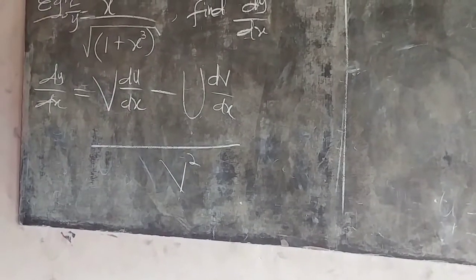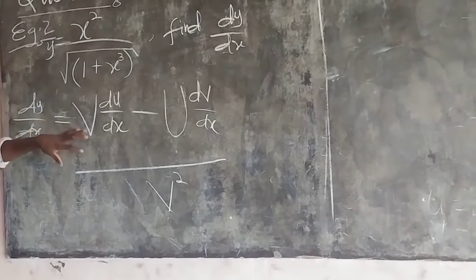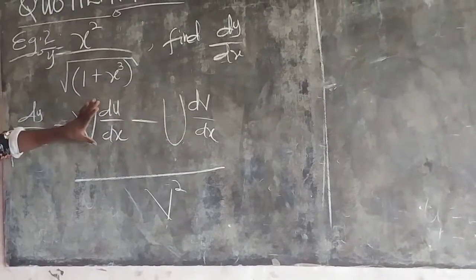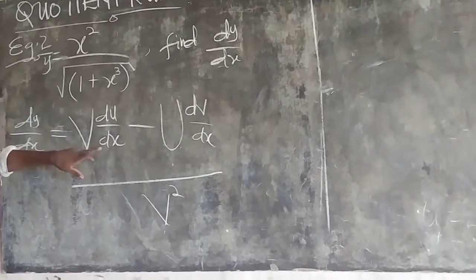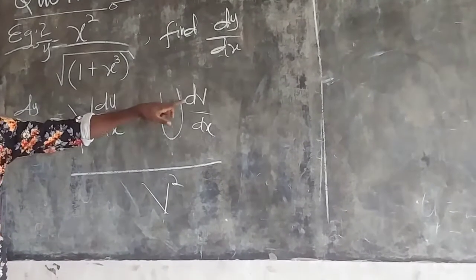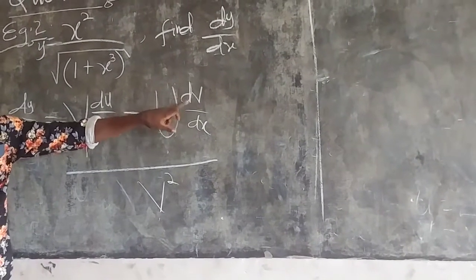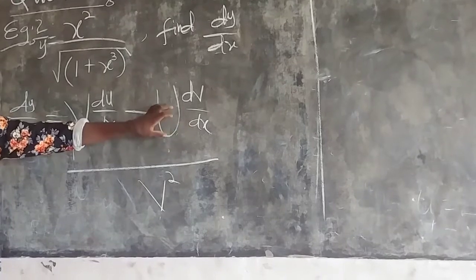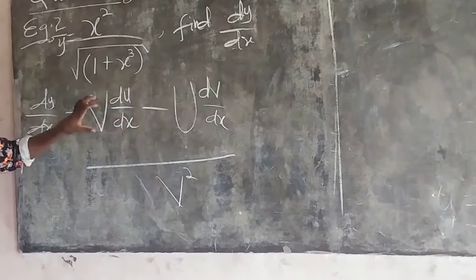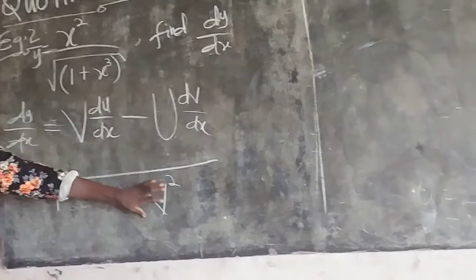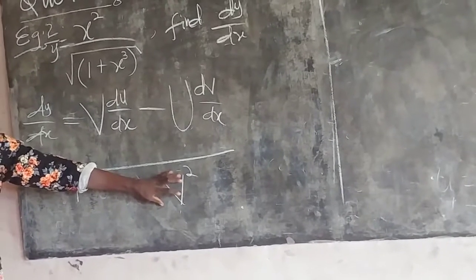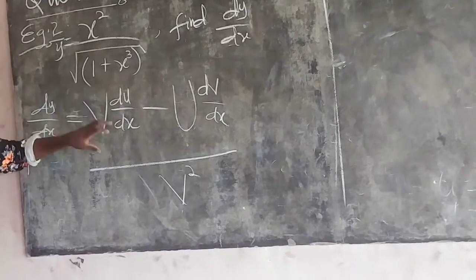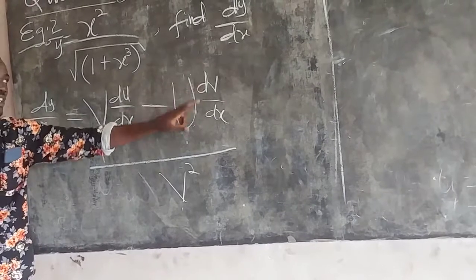Meaning that before you can use the quotient rule, you have to find du/dx and dv/dx.